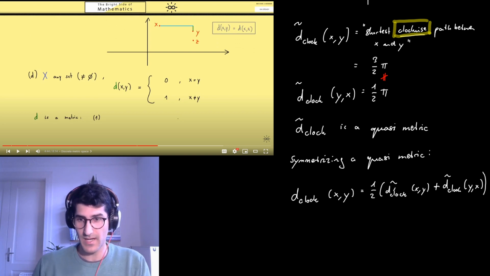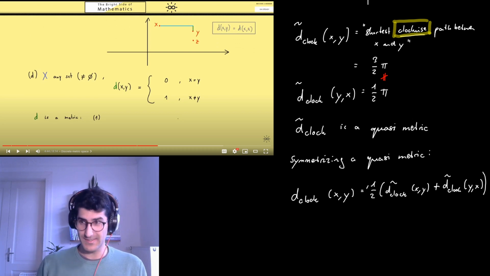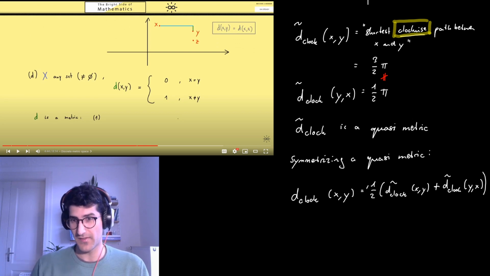So I would have 2 times d-clock tilde of x and y. Dividing it by 2 does not give me anything new. But in the case that I have a quasi-metric that is indeed not symmetric, like the clock quasi-metric that we just discussed, then this will give me a new metric that is indeed symmetric.